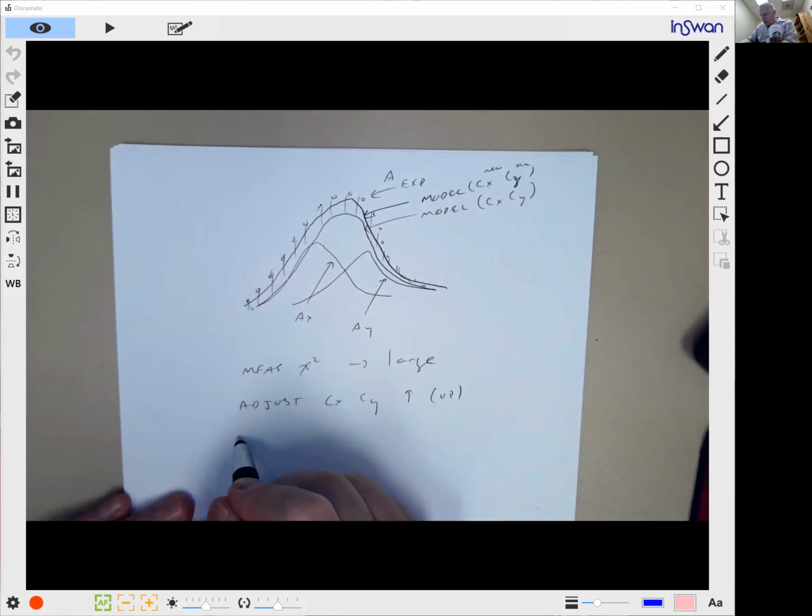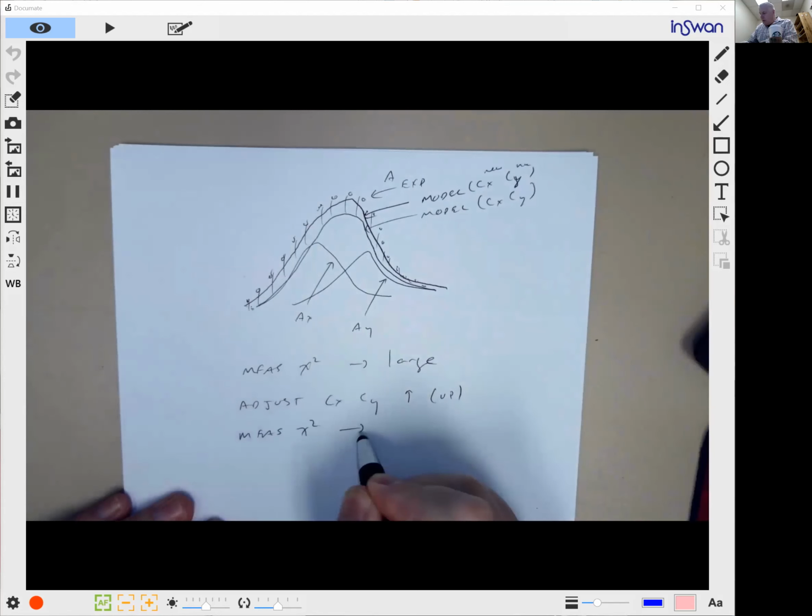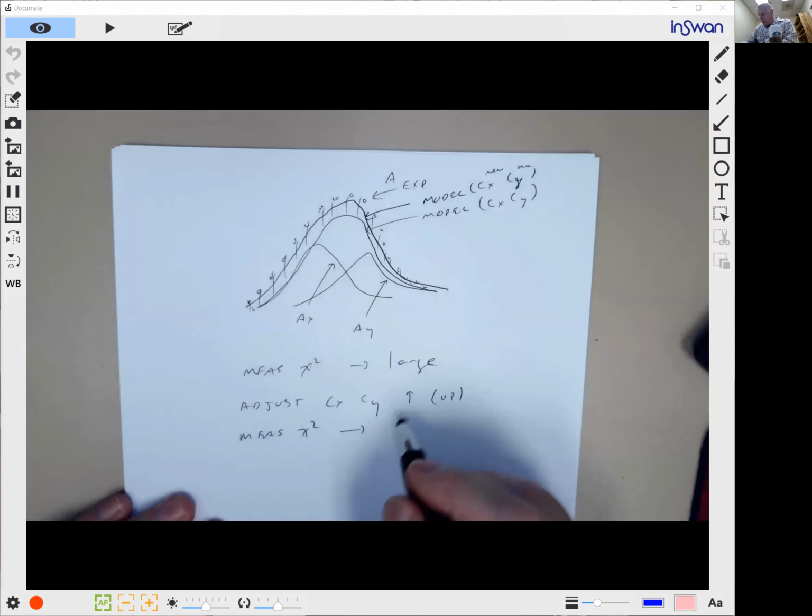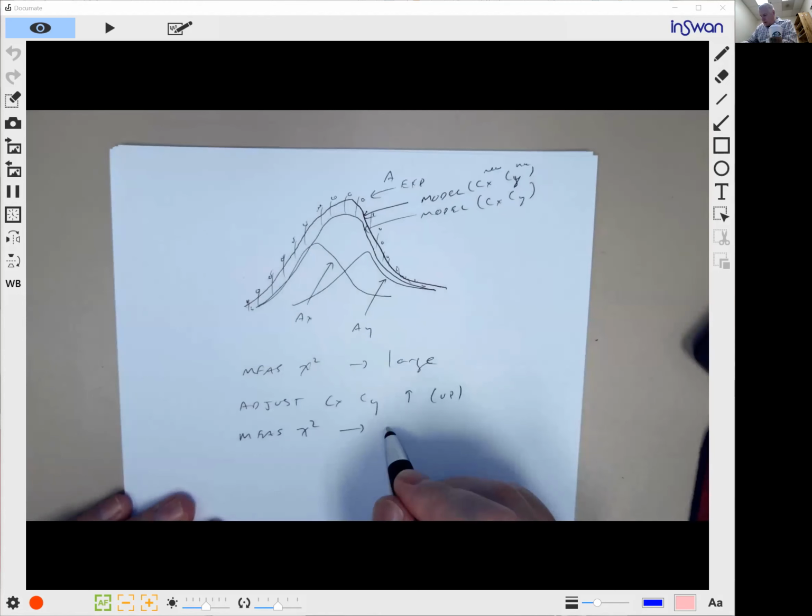And then we measure chi-squared. And what will the value of chi-squared be now versus before, right?